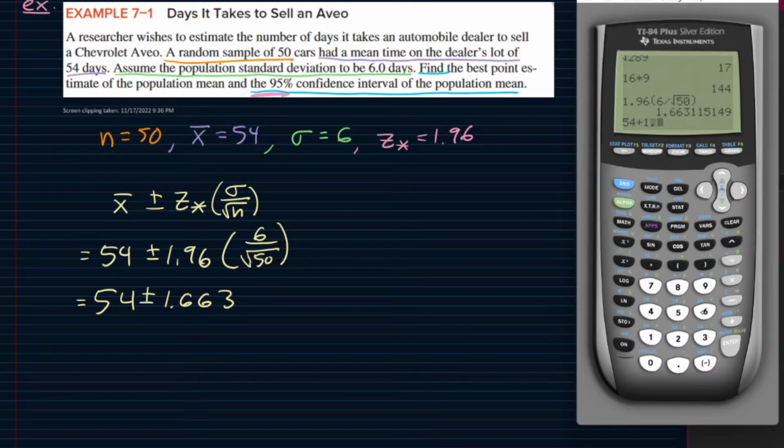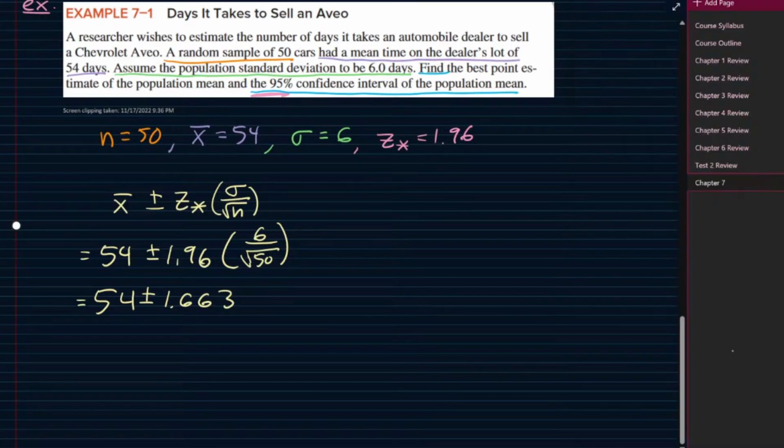That's our upper bound, 55.663, and our lower bound, 54 minus 1.663, 52.337. So we get 52.337 as our lower bound, and our upper bound is 55.663.